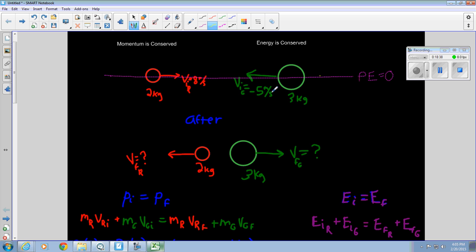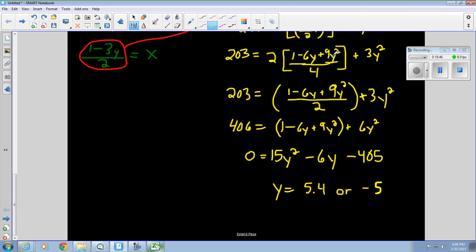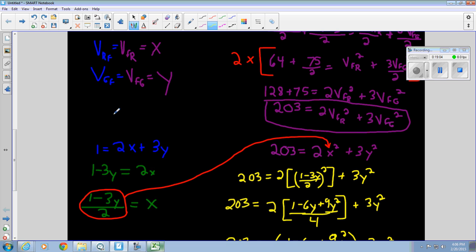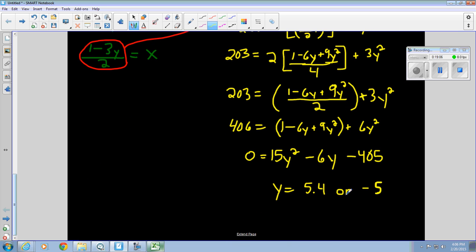So you're going to come up with the same velocity that you had initially for one of the solutions to this problem. And the same thing will work if, instead of plugging the x in, you isolated y and plugged that in for y. Doesn't matter which way you skin it, you're going to find a term. So in the case of the green ball, you're going to get its initial velocity. If you'd done it the other way with the red ball, you would get the red ball's initial velocity when you solved through.